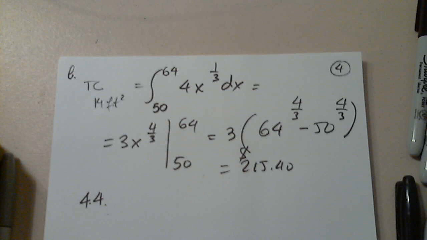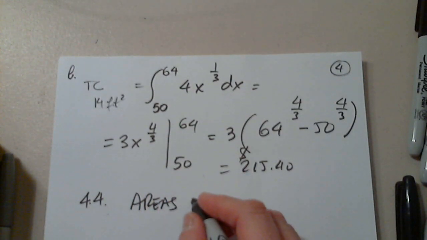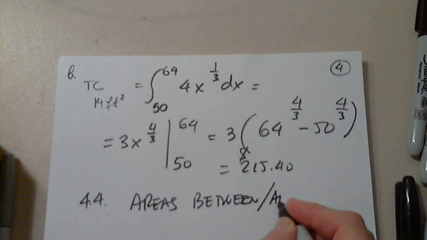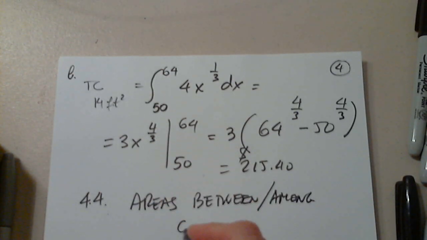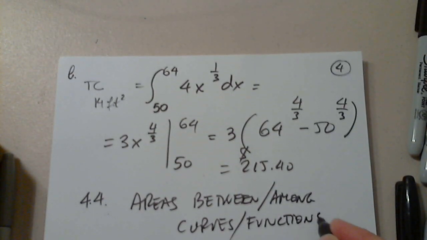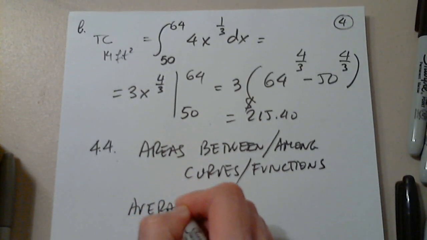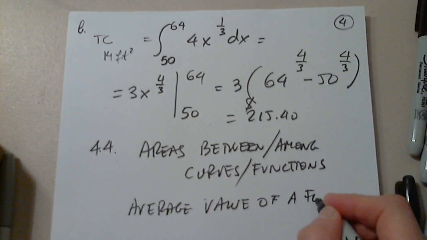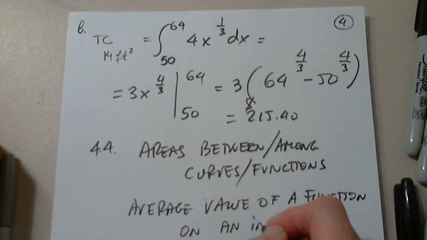In 4.4, we are going to look at areas between, or among, this is for 2 and this is more than 2, among curves or functions, and the average value of a function on an interval.